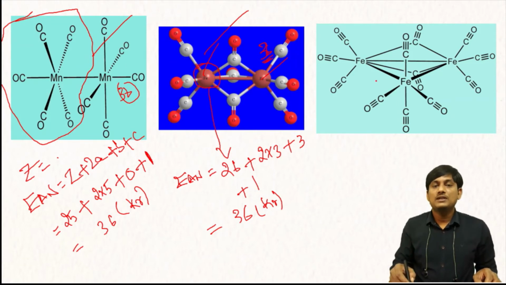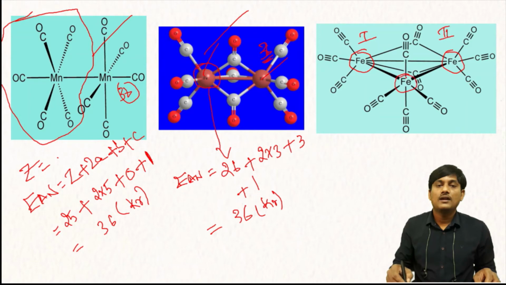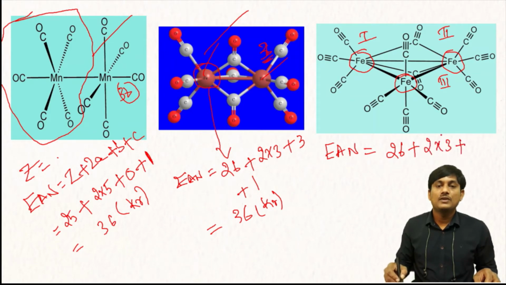Let us take this one, Fe3CO12. Let us take this part, the first one, and this one is the second iron, and this one is the third one. Both the first one and the second one are similar. So for this, what is the effective atomic number? Effective atomic number is equal to, what is the Z value? 26. And you have 3 terminal CO ligands, so 2 into 3, plus bridge ligands.